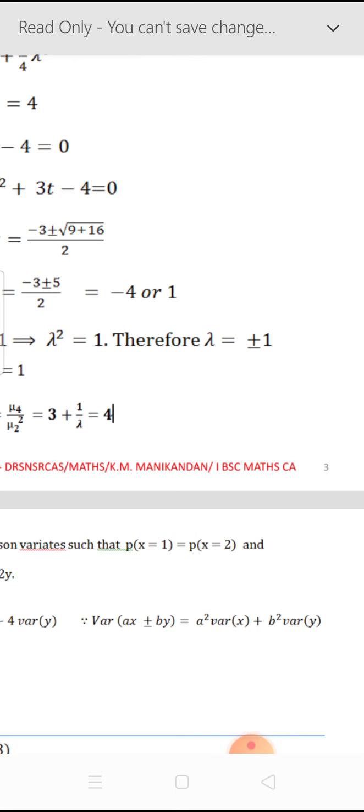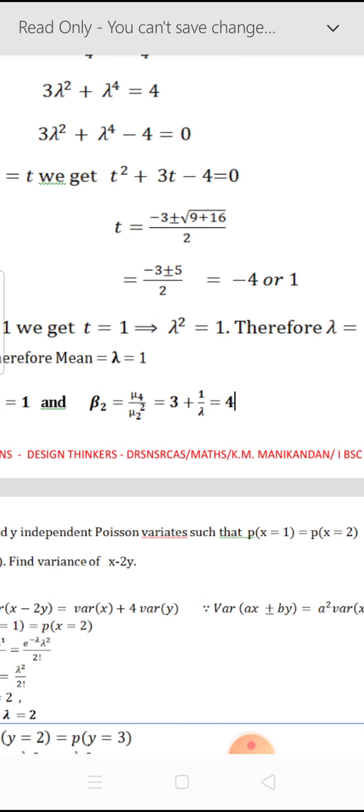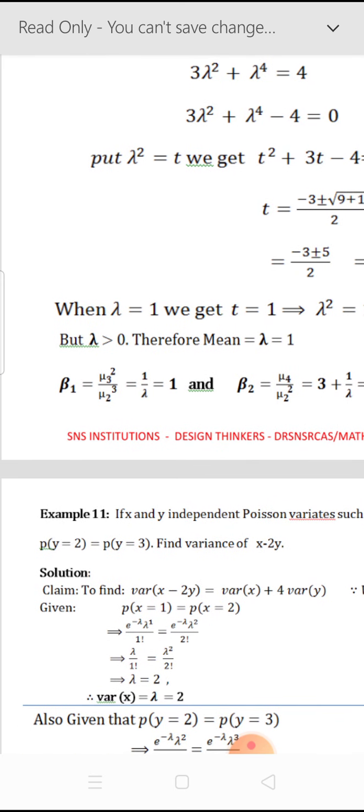But lambda is always greater than 0, so lambda equal to 1 is possible, therefore mean equal to 1. And the formula for finding beta 1 is mu 3 square by mu 2 cube, and this is equivalent to 1 by lambda. But the value of lambda is 1 we have obtained. So therefore beta 1 equal to 1 by 1 equal to 1.